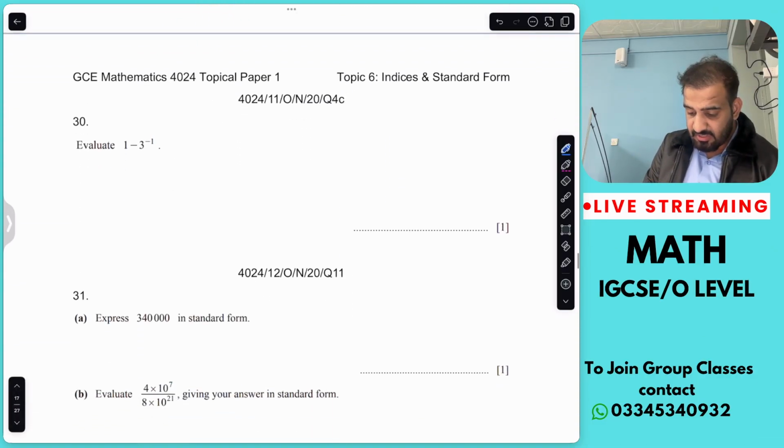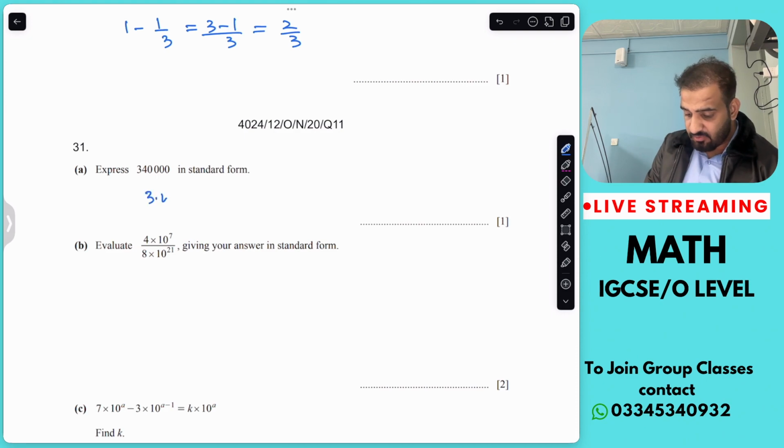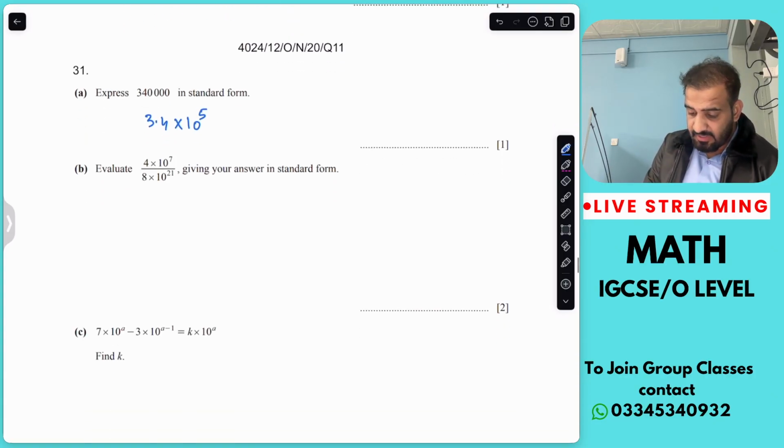Moving on to question 30. 1 minus 1 over 3, which is 3 minus 1 after taking LCM, which is 2 by 3. So standard form will be 3.4 cross 10 raised to power 3, 5 zeros. So 4 over 8 is just 1 over 2, which is 0.5 cross 10 raised to power 7 minus 21.